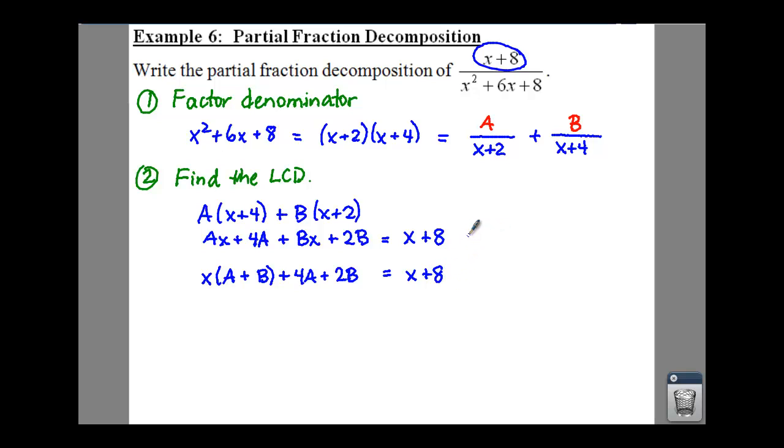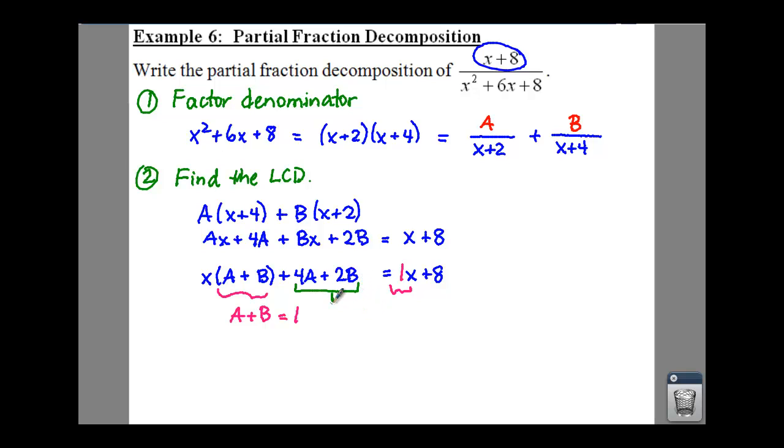And what we have here is something we did way back when. You can set like terms equal to each other. So notice your x is attached to an a plus b. Here your x is attached to a 1. So we're going to set a plus b equal to 1. And then notice you also have a 4a plus 2b.